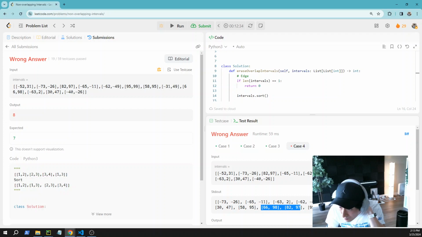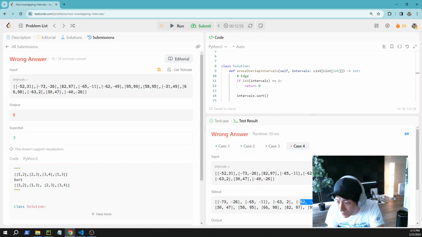So if I keep this, this will overlap. So I need to remove 5. So this is overlap. This is also overlap.